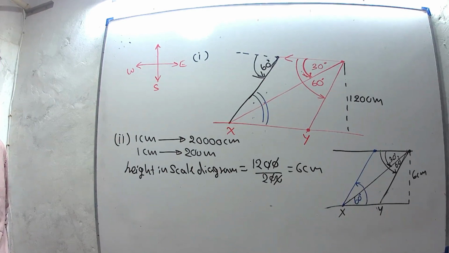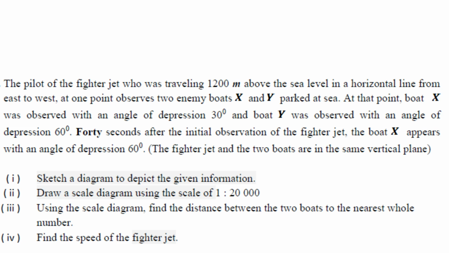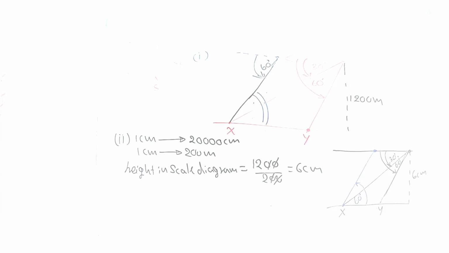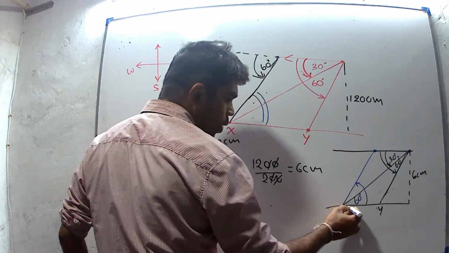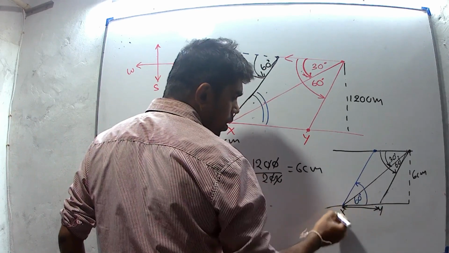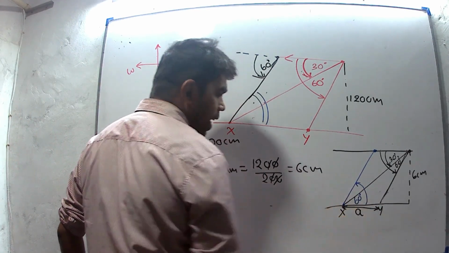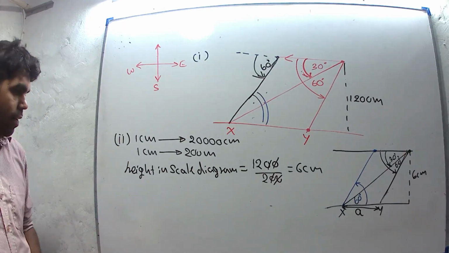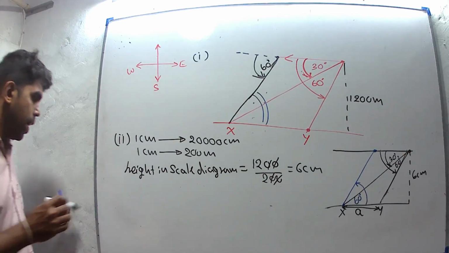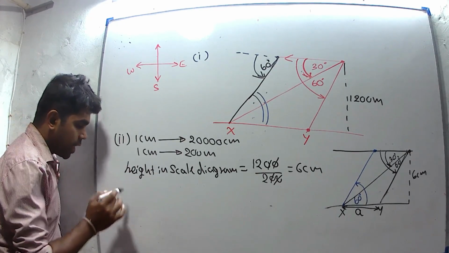You can draw by using the ruler and protractor. In part 3, using the scale diagram, find the distance between two boats to the nearest whole number. Now we have to measure this length from X to Y. I will consider it as A. We can't measure because it is not a scale diagram, but you can measure it.